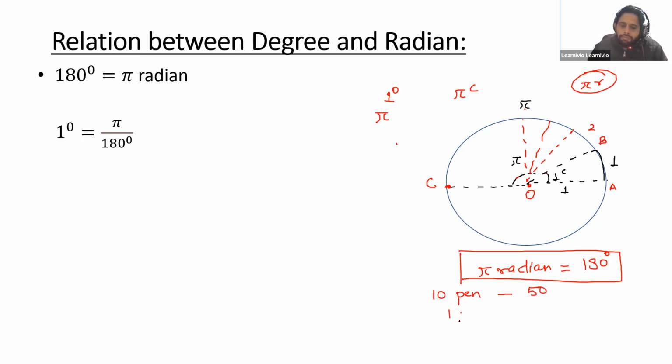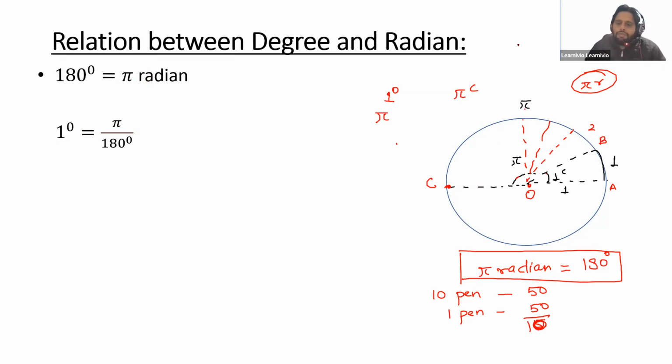What's the cost of 1 pen? 50 divided by 10, that is 5. Now, similarly, 180 degrees is equal to pi radian, so 1 degree is equal to pi by 180 radian.